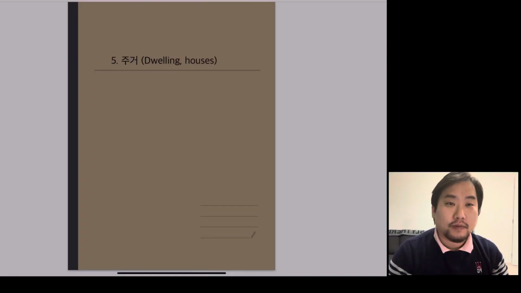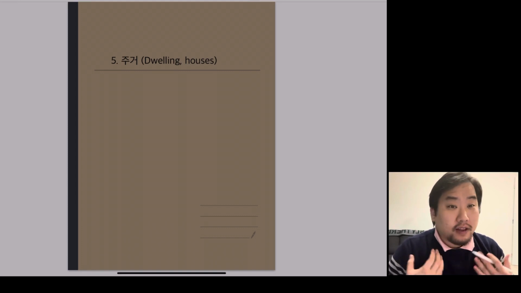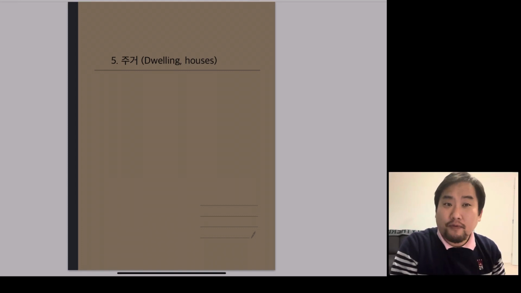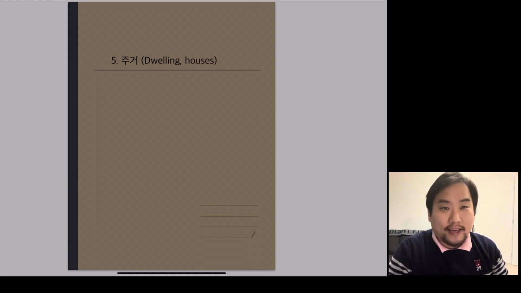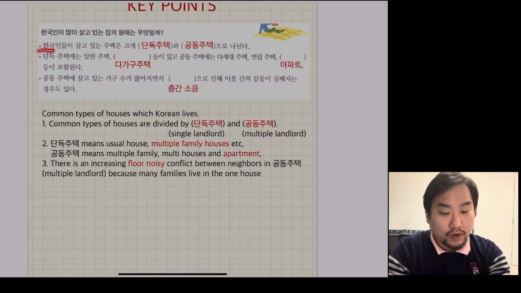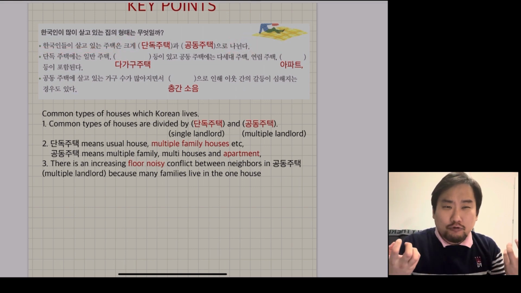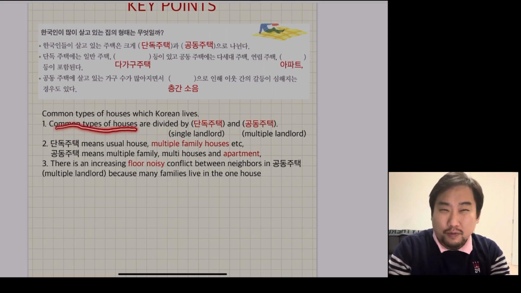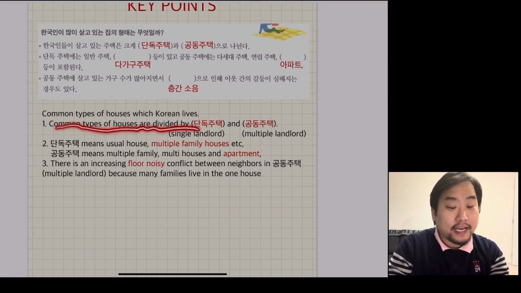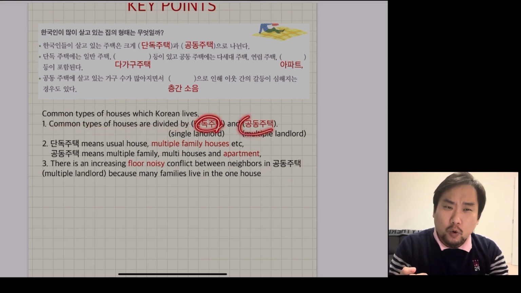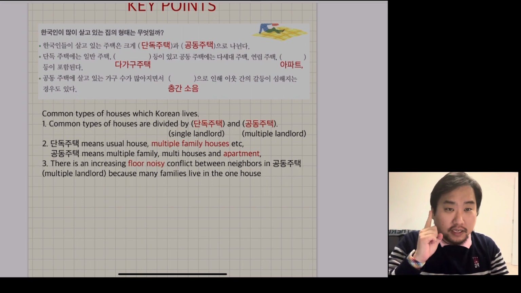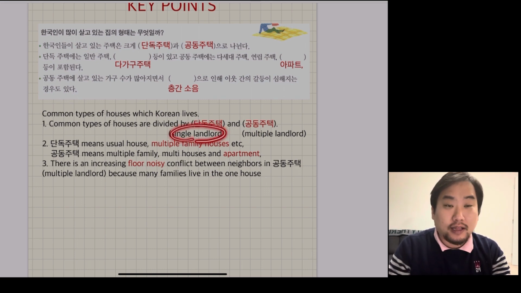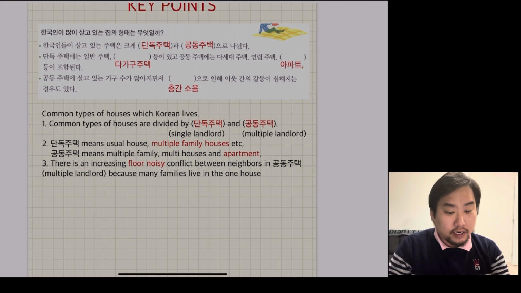Are you ready? Before we start Unit 5, let's quickly check the key points of this unit, dwelling. First blank, 한국인들이 살고 있는 주택은 크게 나누다. 나누다 is share or separate, but here I want to say the common types of houses in Korea are divided into 단독주택 and 공동주택. 단독 is single, meaning a single landowner, a single owner.